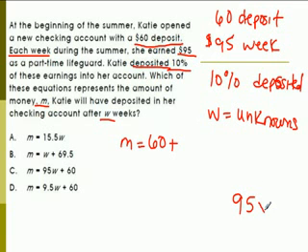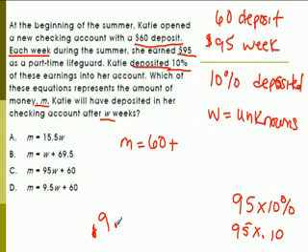So we have to do 95 times 10%, which is 95 times 0.10. So on your calculator, if you did that, you would get 9.5. Oh goodness, 9.5. That's how much she deposited each week.